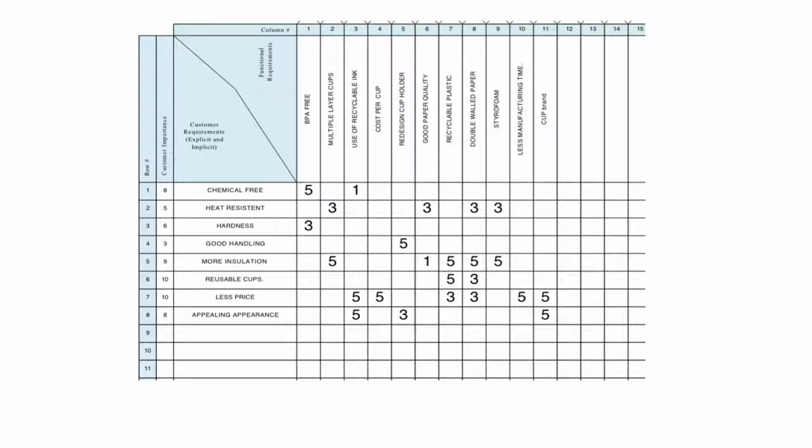Cost per cup is just linked with lesser price. So cost per cup would affect the lesser price term. If we're selling our coffee at $1.80, considering the manufacturing time, the process time, and all the factors, we are able to manufacture our coffee cup for 60 cents.